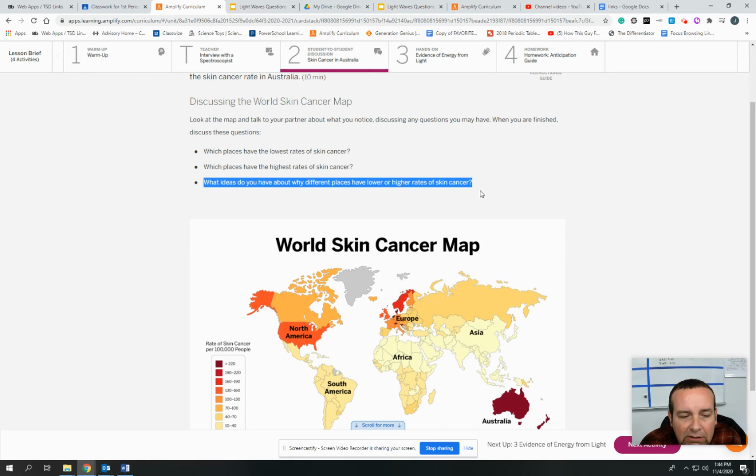But I'd also say that areas of the planet that are populated by people with lighter colored skin would be areas that are more susceptible to skin cancer. And I don't want to give away, I don't want to go too deep. So that's all the thinking I'm going to share with you on that before we move on to our next activity.